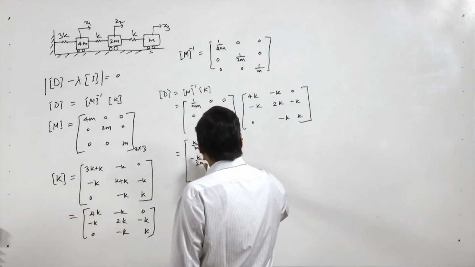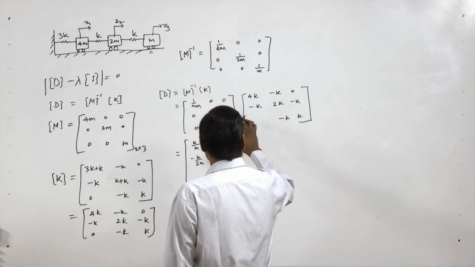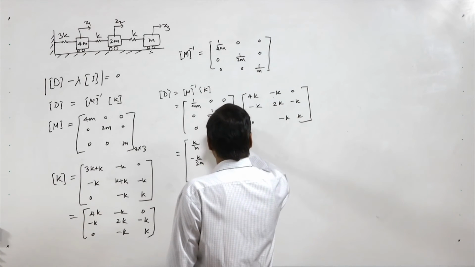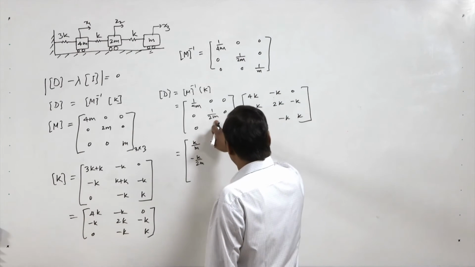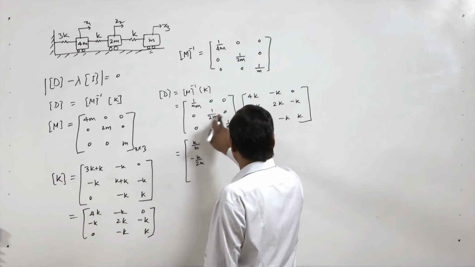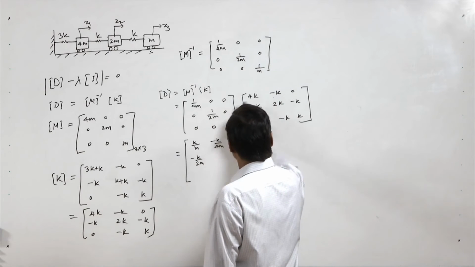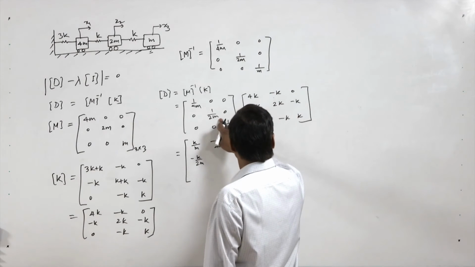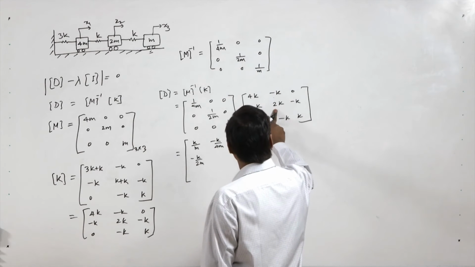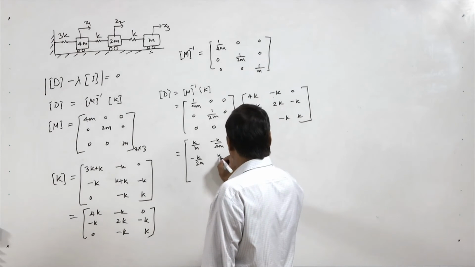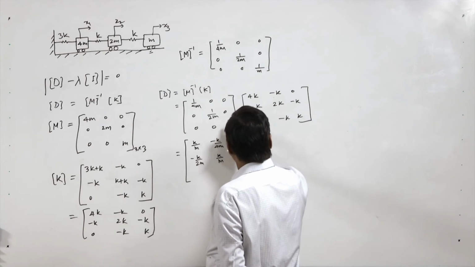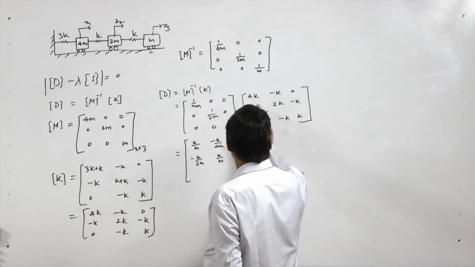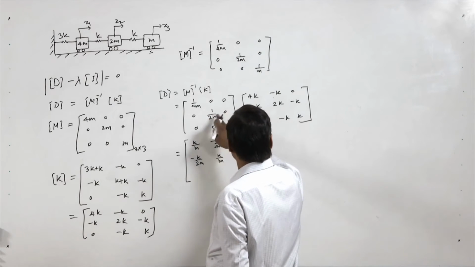Then this term is second row and second column, so 0, and this is 1 by 2M into 2K, so it is K by M, and then 0.